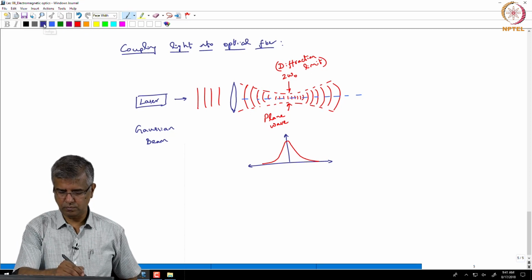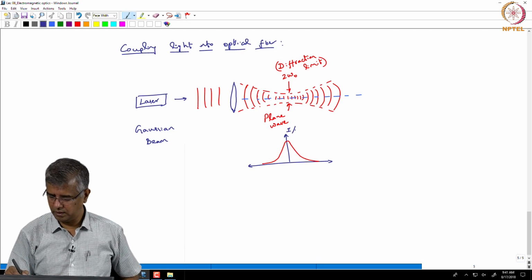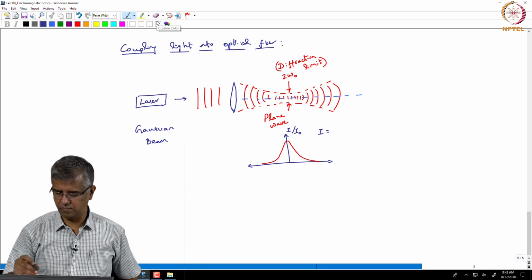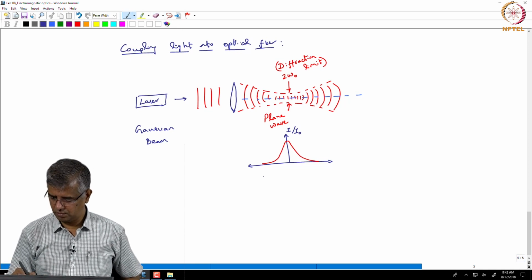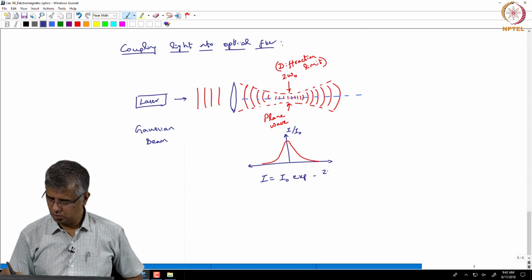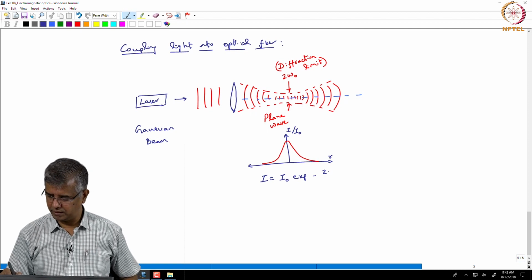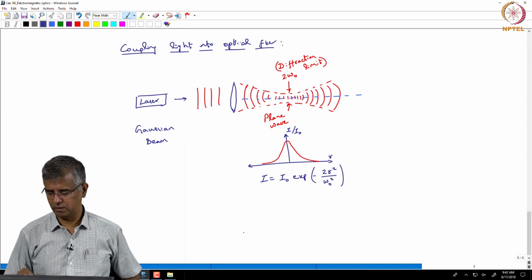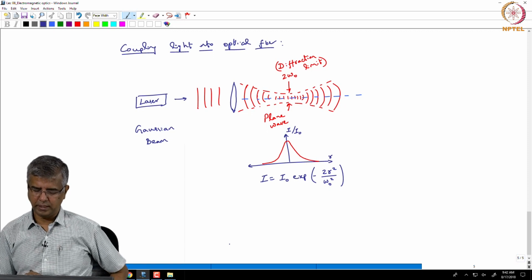So let us say this is I over I naught, where I is given by I naught exponential of minus 2r squared over w naught squared, a function of the radial parameter.